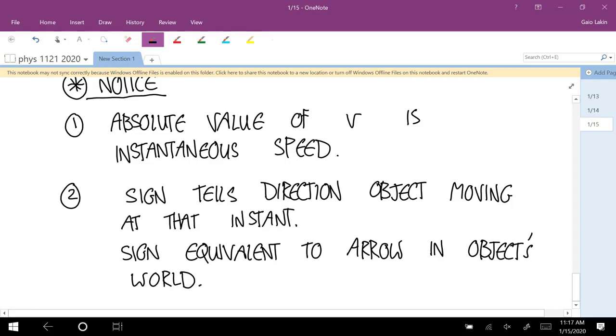So if we choose this to be the positive direction, and then at an instant, an object has a velocity of negative 30 meters per second, that means at that instant it's moving with a speed of 30 meters per second. That's what its speedometer would say. And since it's negative, it's moving opposite what we chose as the positive direction, so it's going this way.